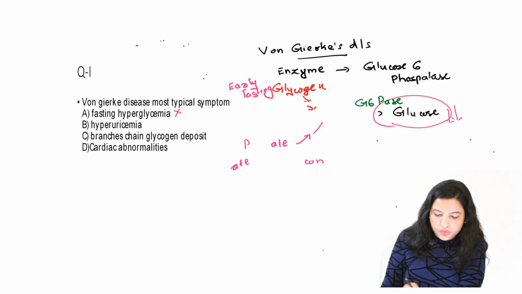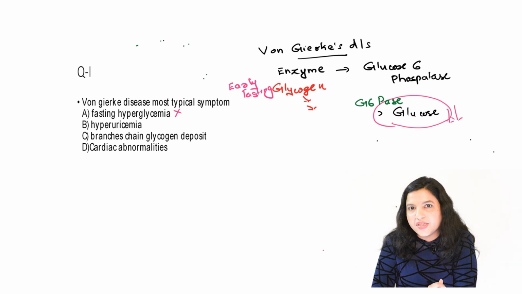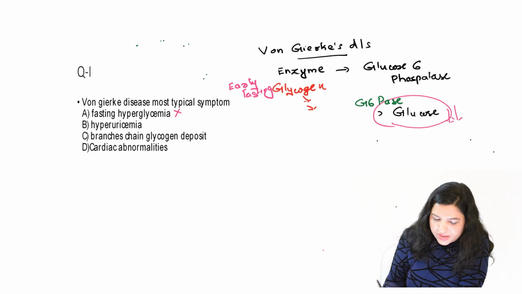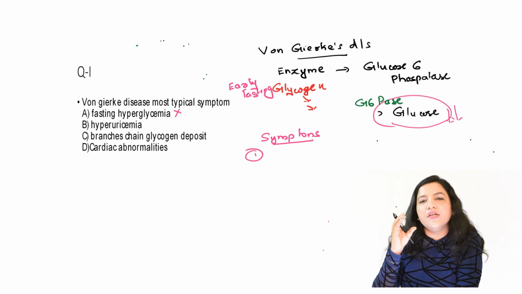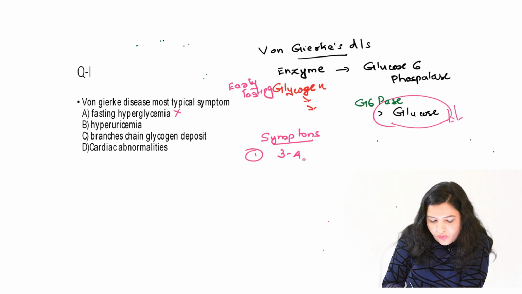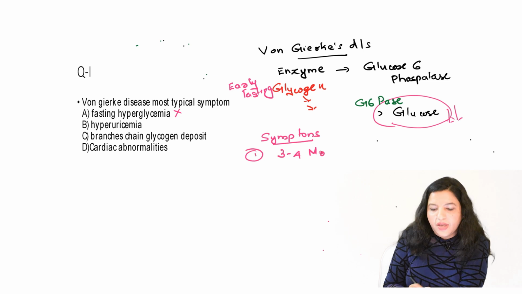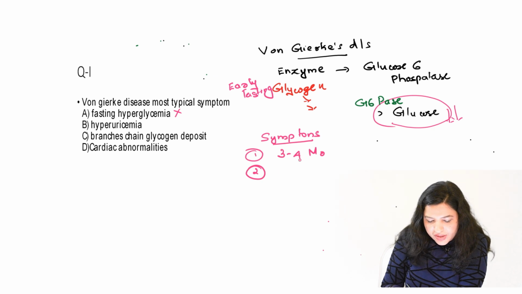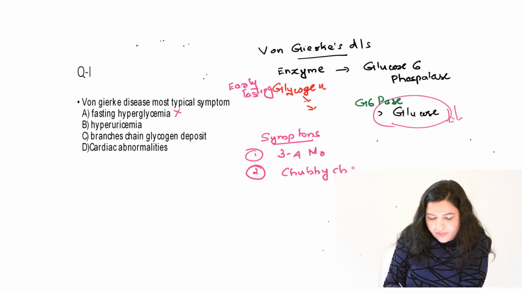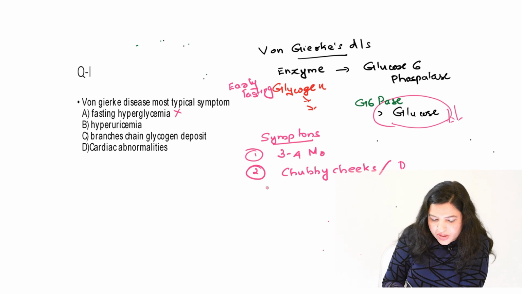Now I am moving on to the other symptoms of von Gierke's disease. Usually the age of onset is 3 to 4 months. And how do they present? There will be chubby cheeks, or we also say doll-like facies.